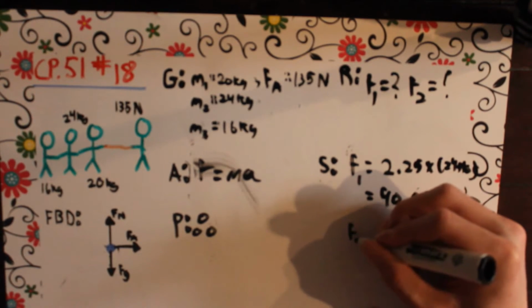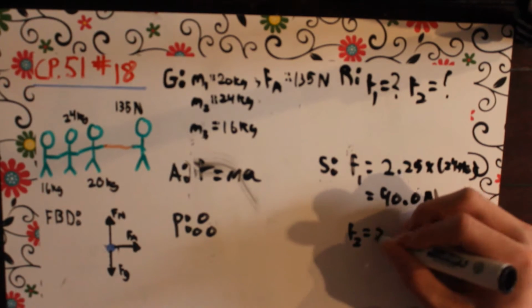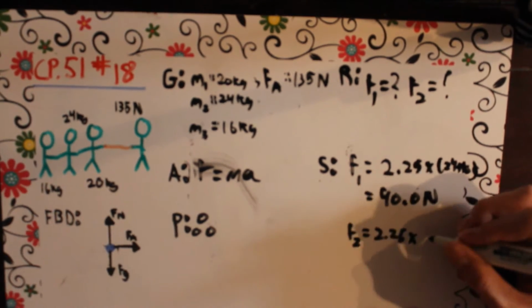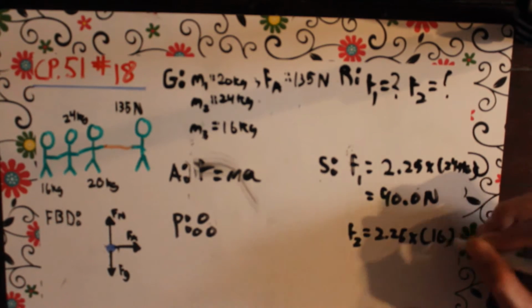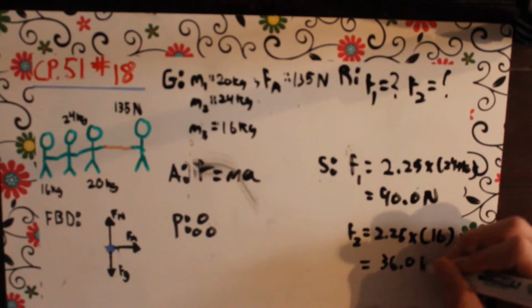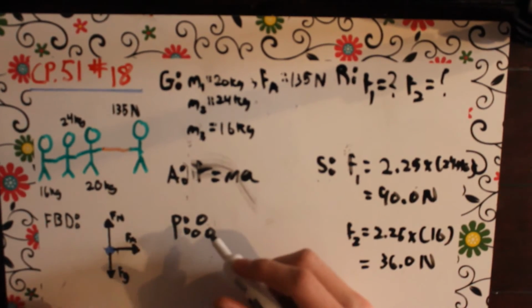Now the second force would be equal to 2.25 meters per second squared multiplied by 16 kilograms, which is equal to 36.0 newtons.